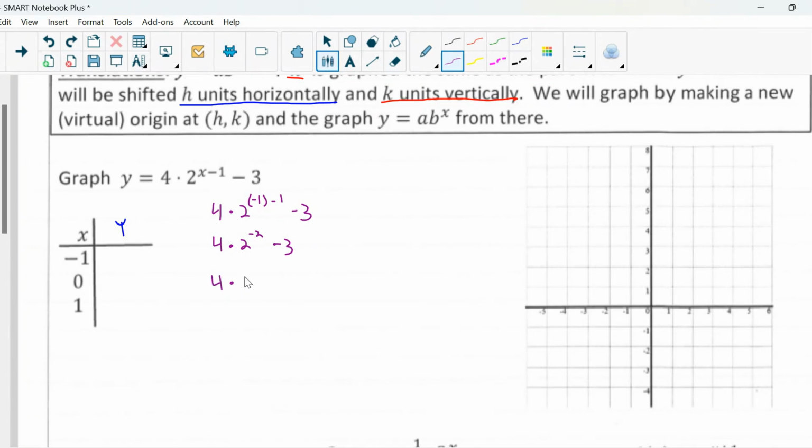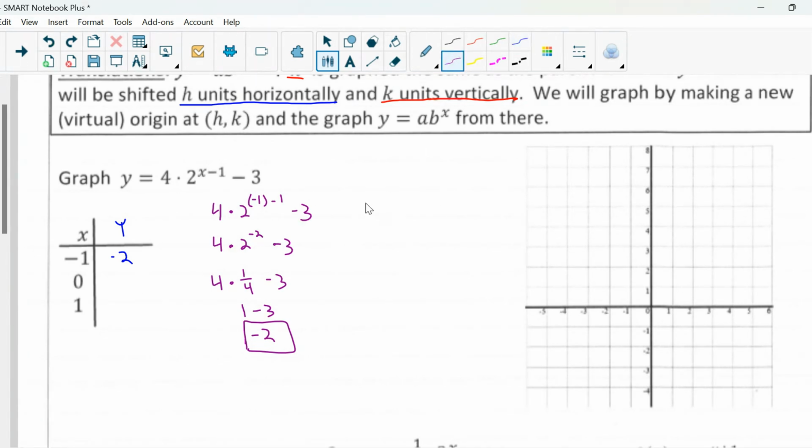So I've got 4 times 1/4 minus 3. 4 times 1/4 just gives me 1. So I've got 1 minus 3, which is just going to give me -2. So when we substitute in a -1, we are just going to get -2.